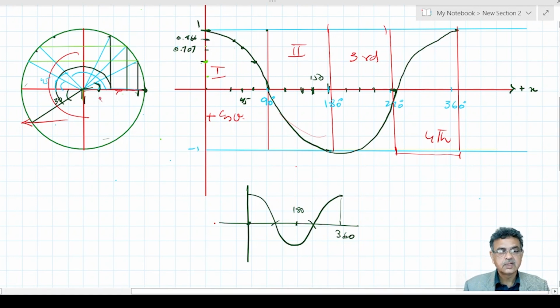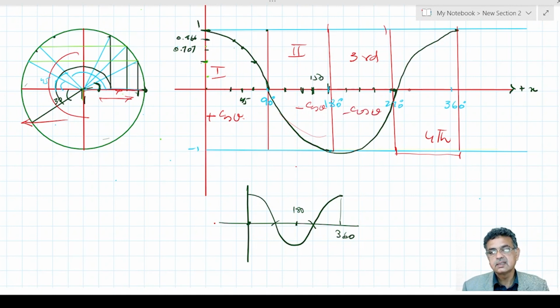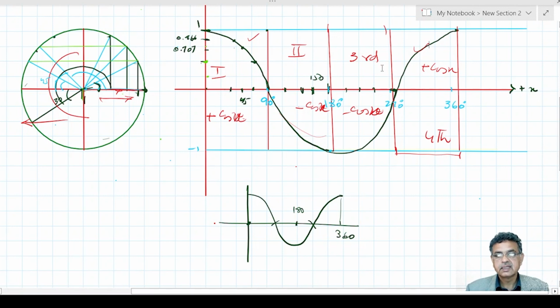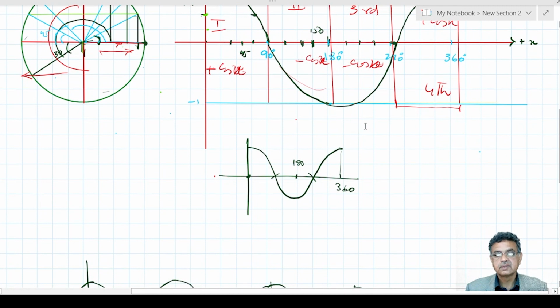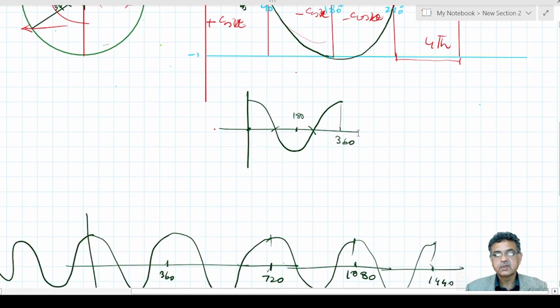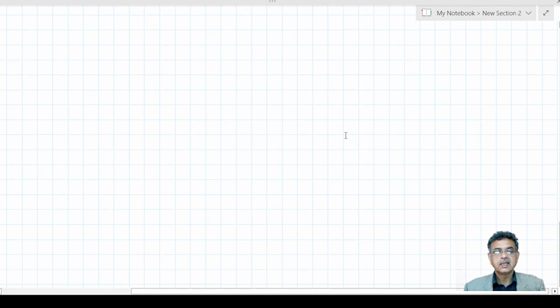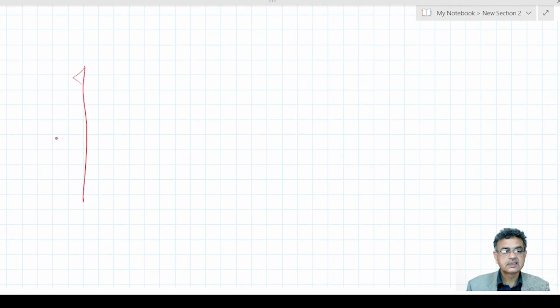Once again in the fourth quadrant it moves towards the right, so cos theta is positive. Cos x or cos theta. So in the first and fourth quadrants cos theta is positive, and in the second and third it is negative.